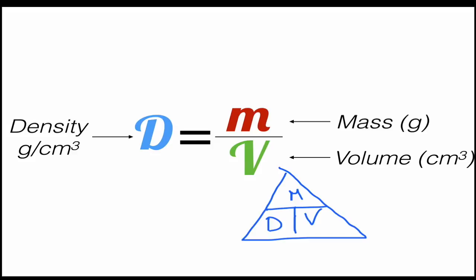So in this case, let's say I didn't know my density. If I covered up my density, it would be mass divided by volume. See how mass is on top, volume's on bottom. But if I didn't know my mass and I covered that up, it would be density times volume. If I didn't know my volume, it would be mass over density. So with this simple triangle, I can figure out whatever's missing in my three-variable equation.